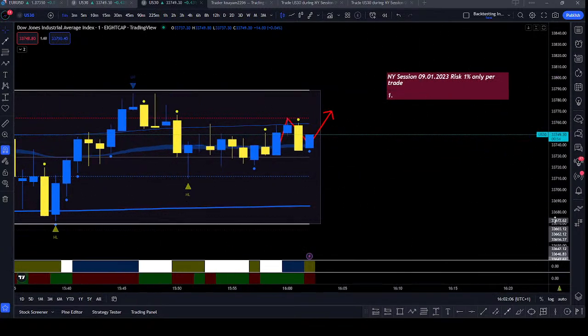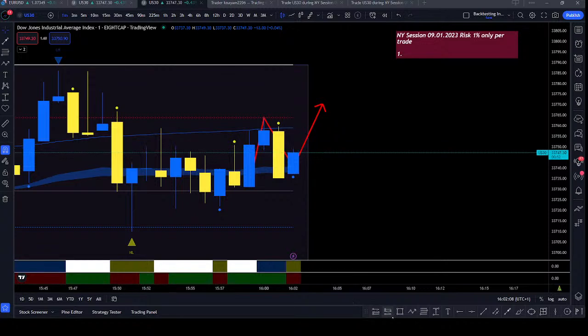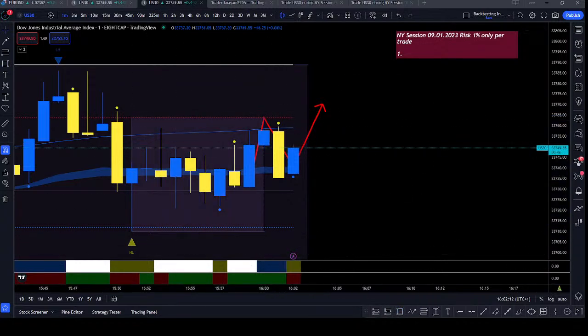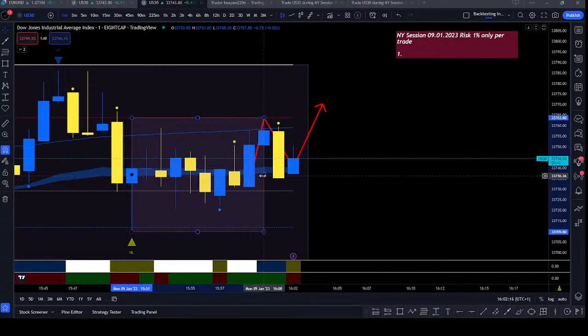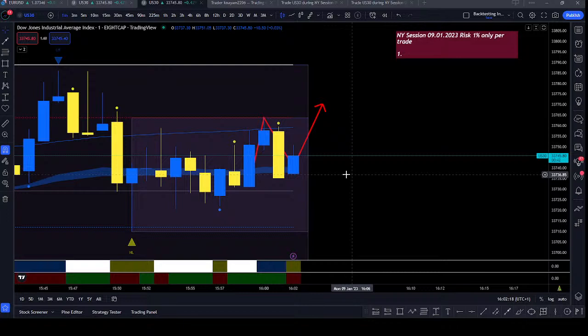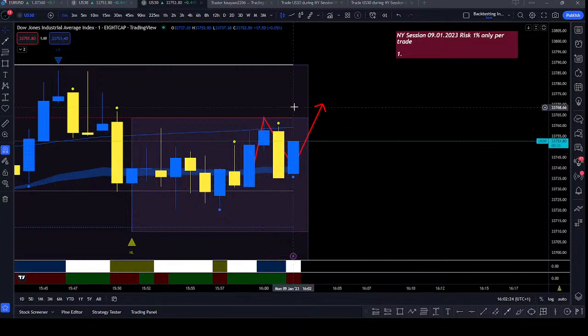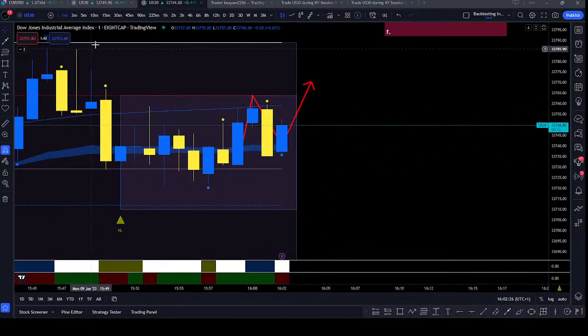Right now the price is still consolidating and it's compressing. So we are anticipating a move in another 5 to 10 minutes. So the candle was already closed over here and now this is the first 500 candle.